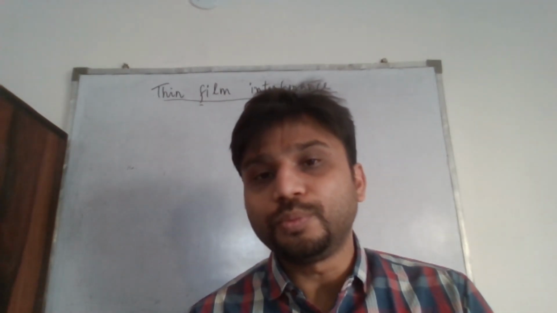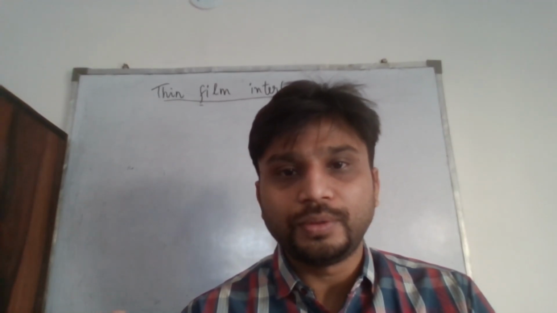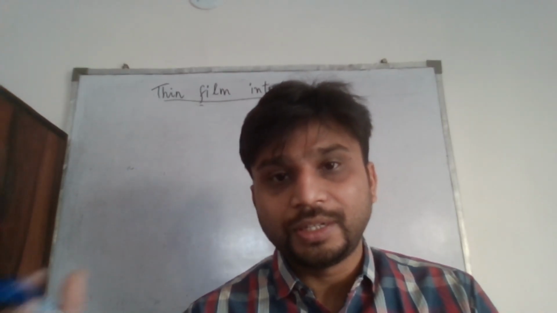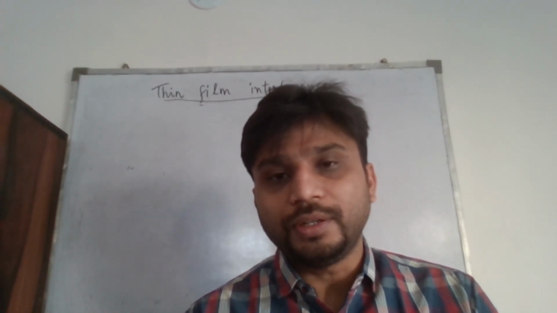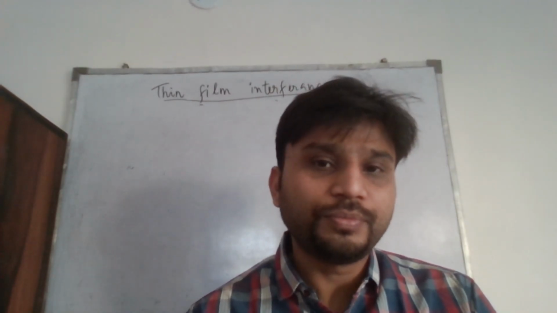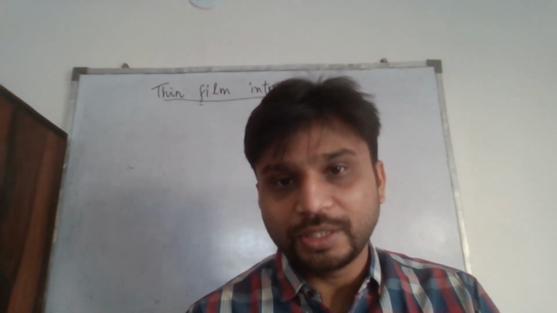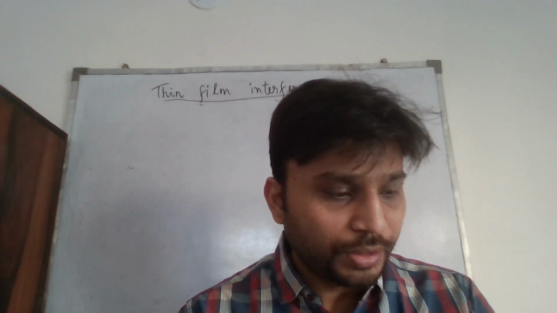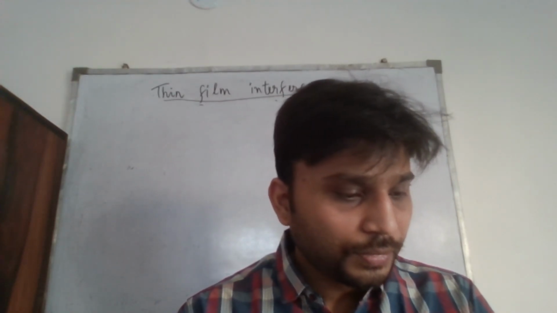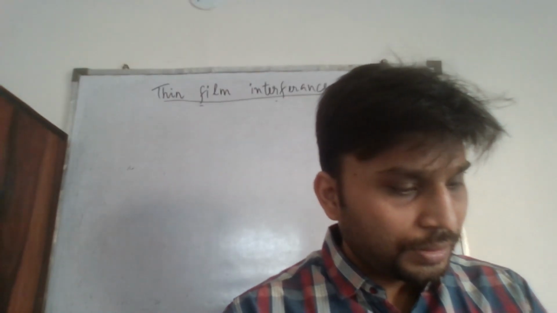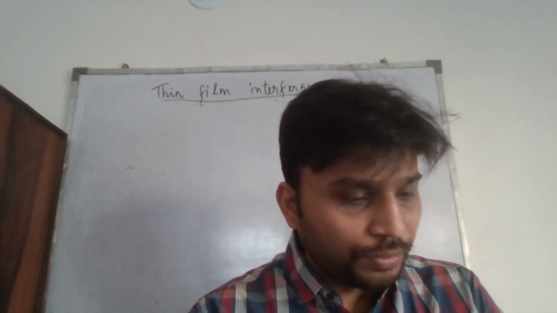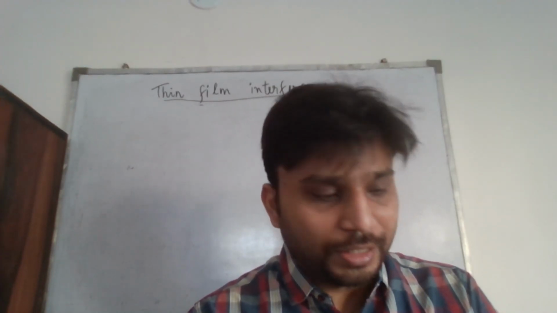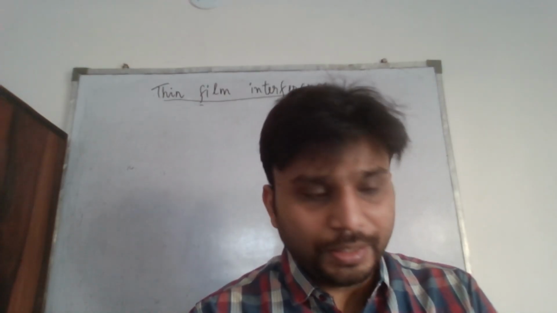So the conditions were 2 mu d is equal to lambda into n for destructive interference, and 2 mu d is equal to n plus half into lambda for constructive interference. That is what we must apply. And thickness d equal to 320 nm. So this is the question in which a water film of refractive index 1.33 and thickness 320 nm is suspended in air.